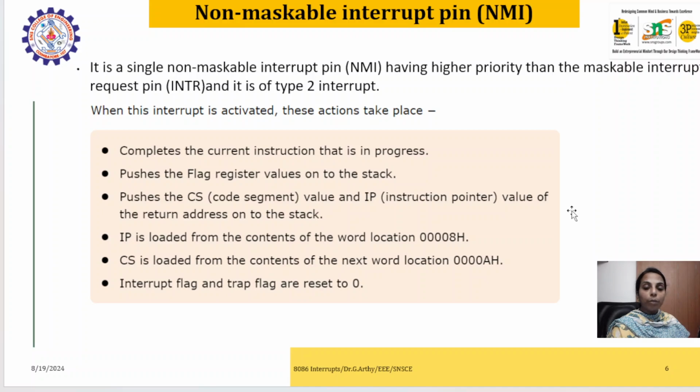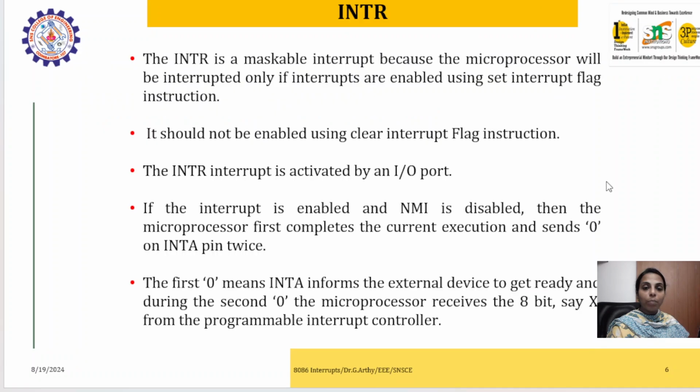IP is loaded from the contents of the word location 0008, because it is a type 2 interrupt. CS is loaded from the contents of the next word location, and then the interrupt flag and trap flag are reset to 0. So whenever this interrupt occurs, all these actions take place.